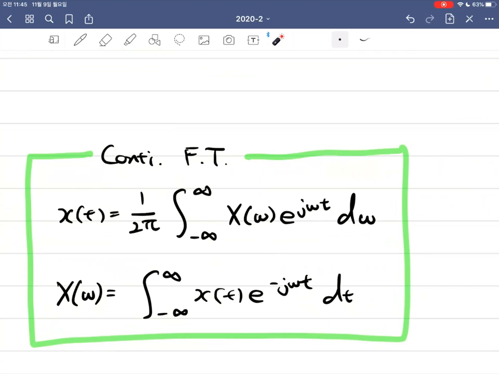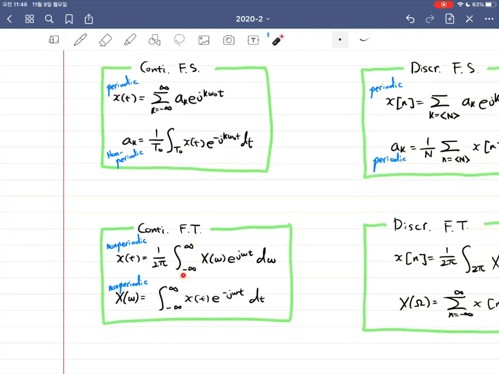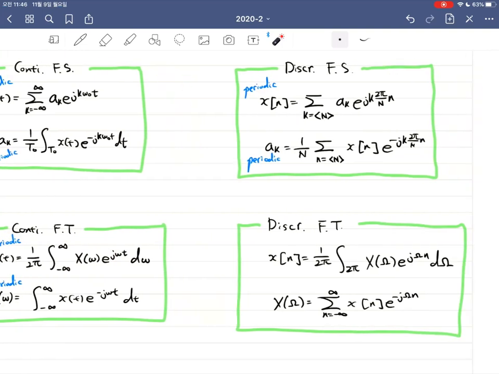Also, for the continuous time Fourier transform, we are dealing with a non-periodic signal. And as a result, the Fourier transform was also non-periodic. This integral is like infinitely many summations, so it's represented by an infinite summation over the frequency values.